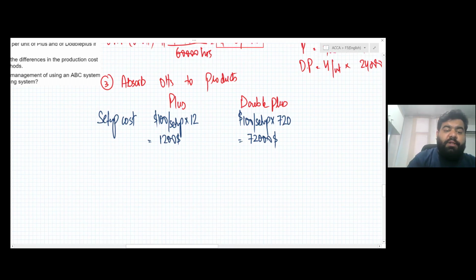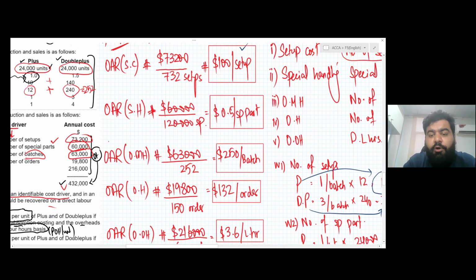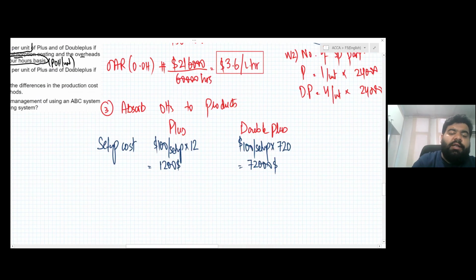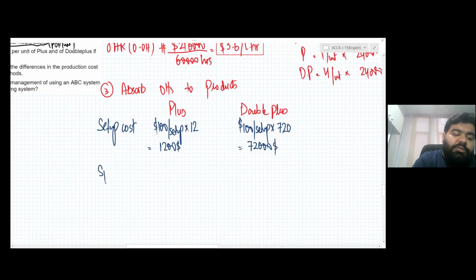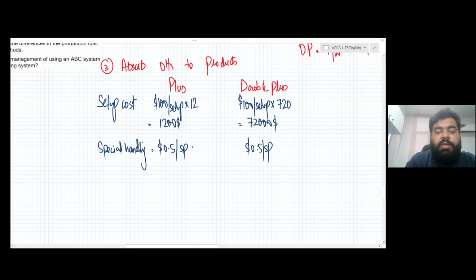After that, second was special handling. Special handling OAR was $0.5 per special part. We'll write special handling here.